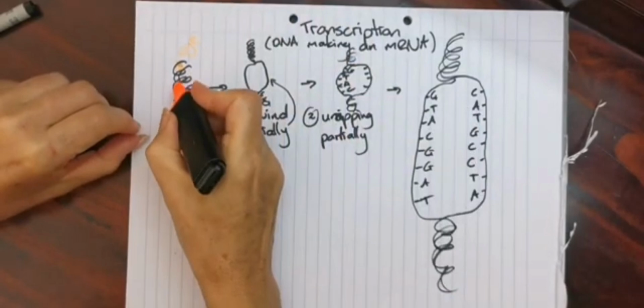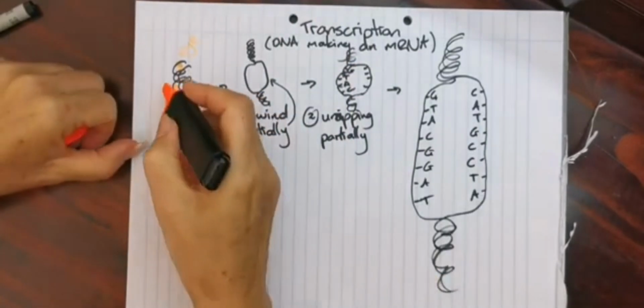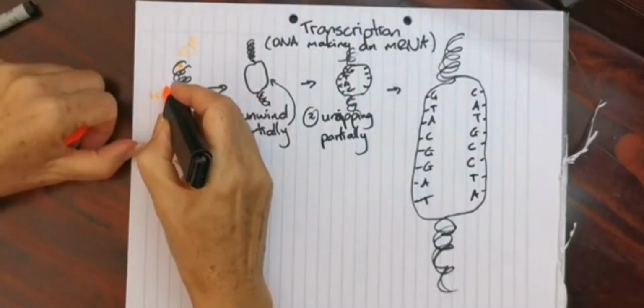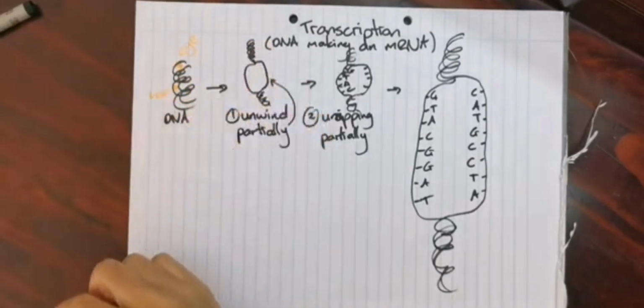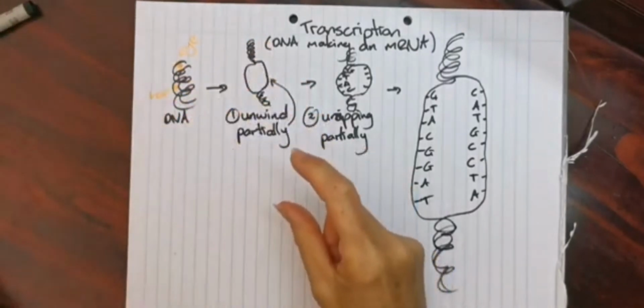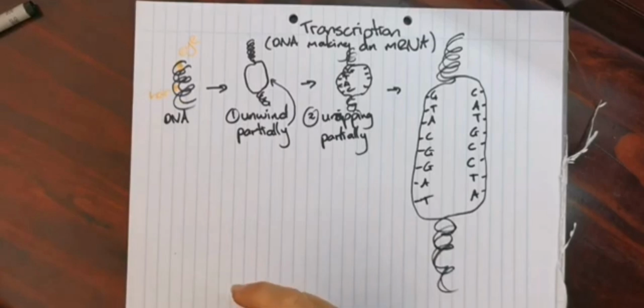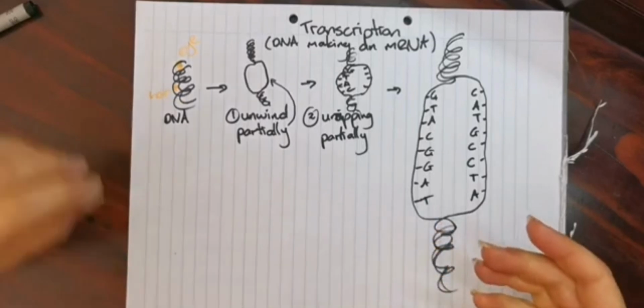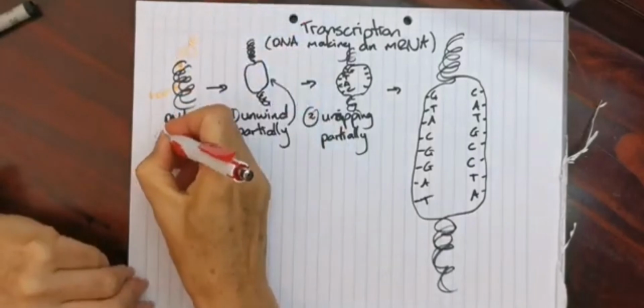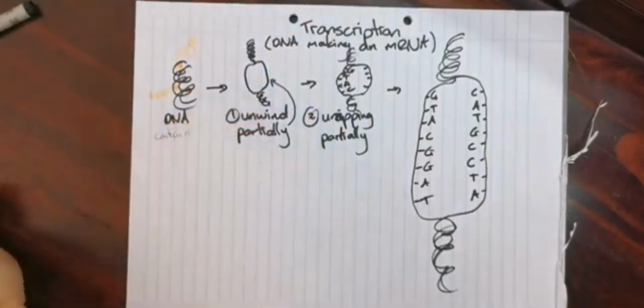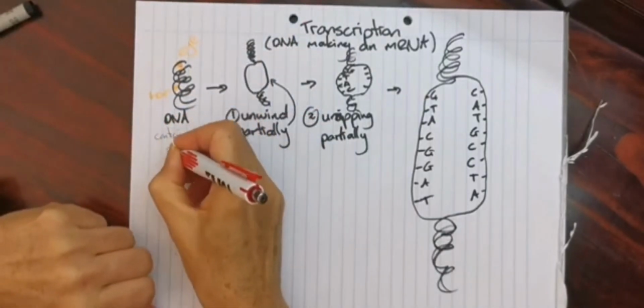And then further on, that section contains the information for hair color. As we run along the DNA strand, we find various sections that contain information for various traits. These sections are called genes. So we say that the DNA strand contains genes.